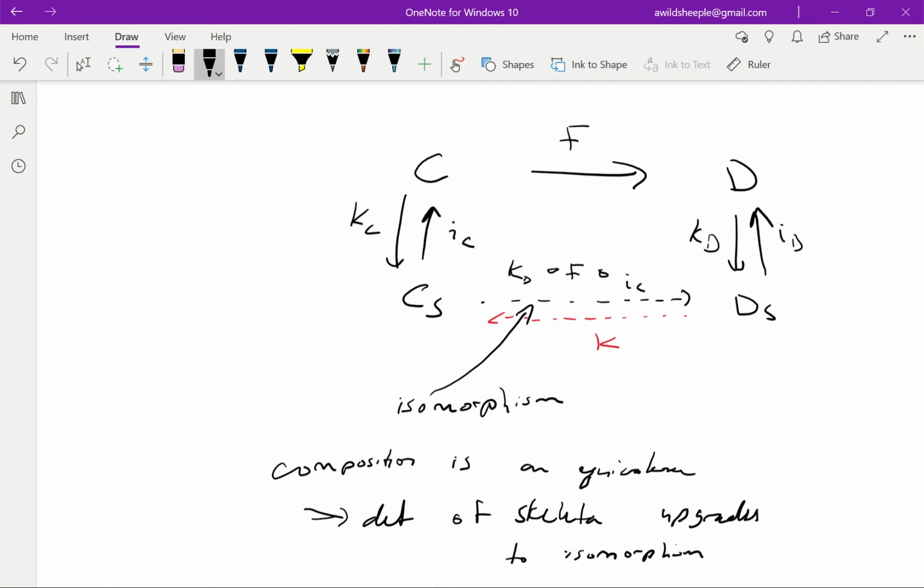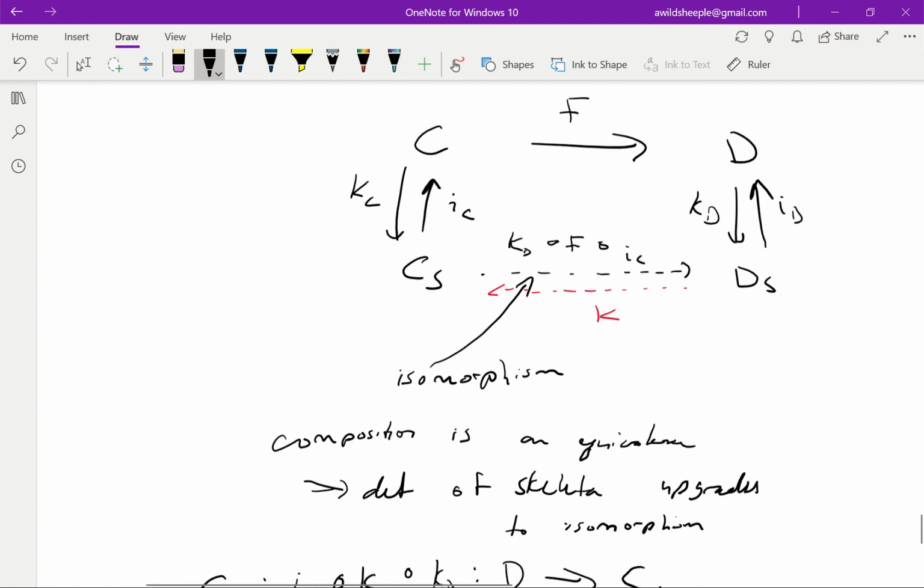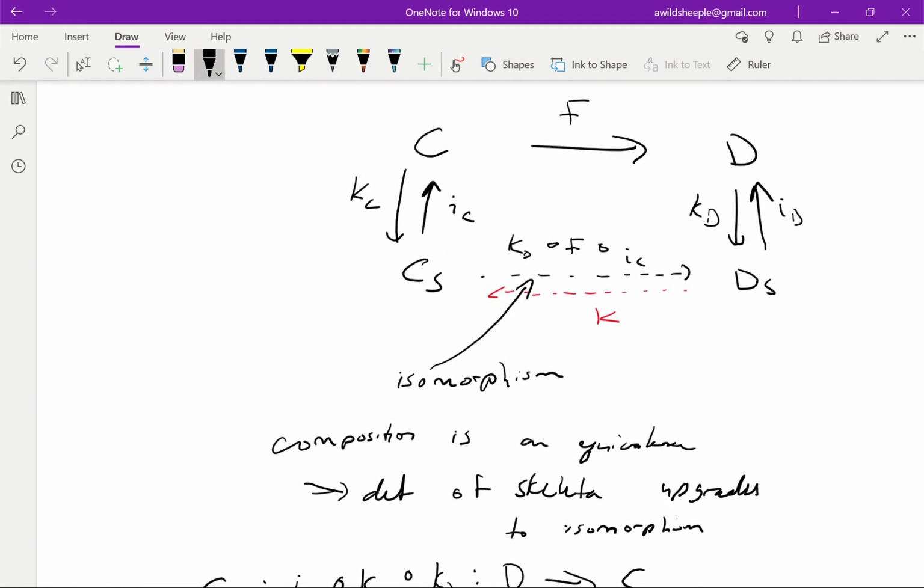We send this back over to C skeleton using the isomorphism K defined below, and then map that back up into C using the inclusion. So basically what this map GF does, up to these quasi-inverses, is it sends us around this loop. So we just start in C, and we cycle all the way around.